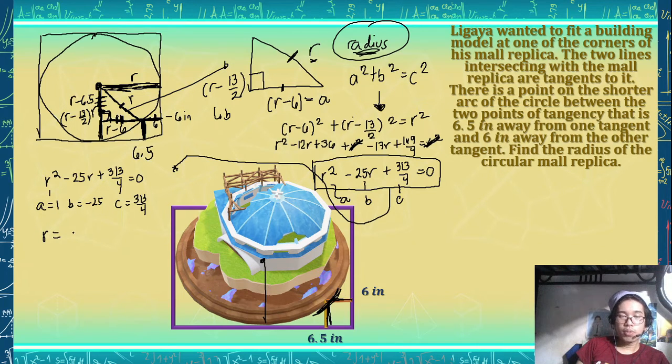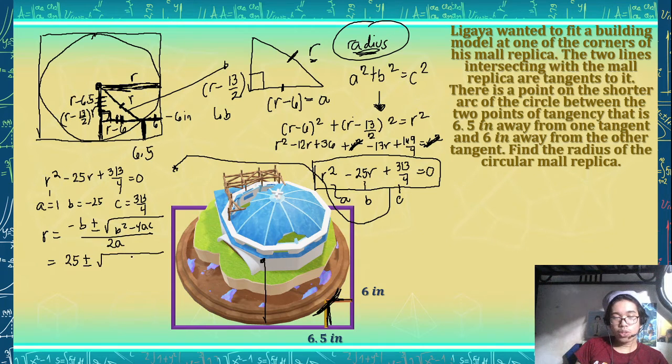Therefore, r is going to be equal to negative b plus or minus the square root of b squared minus 4ac all over 2a. So this should give us positive 25 plus or minus the square root of negative 25 squared, minus 4 times 1 times 313 all over 4, all over 2 times 1.